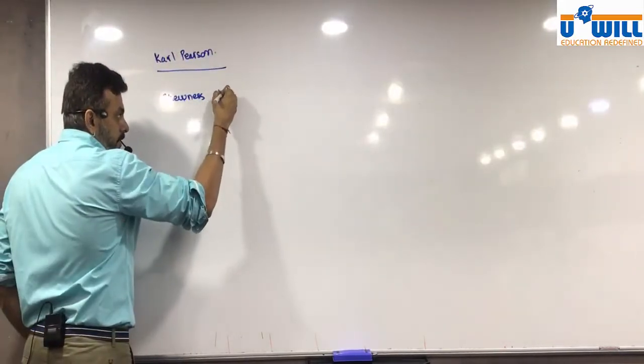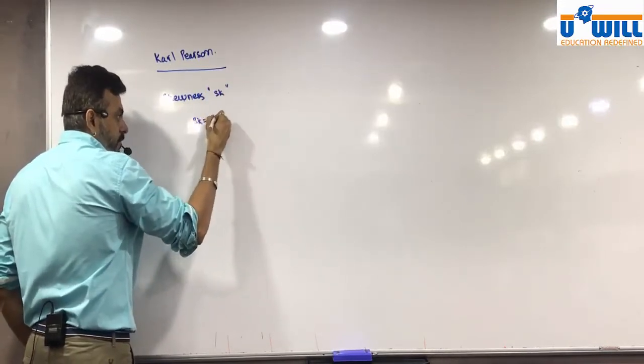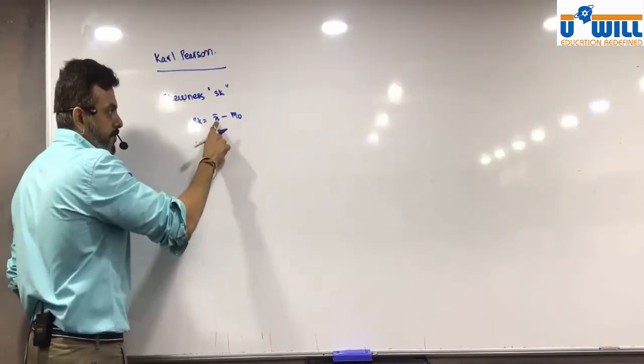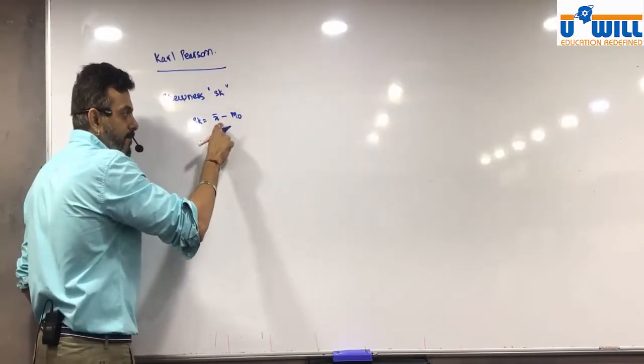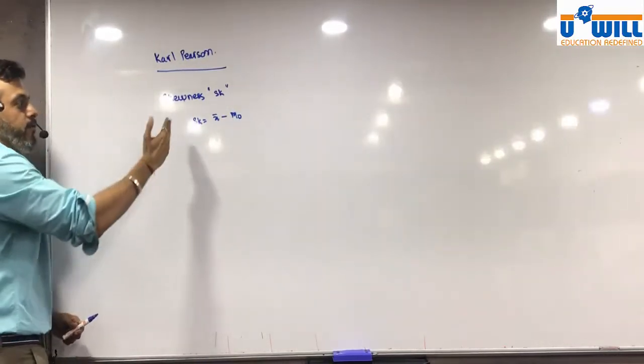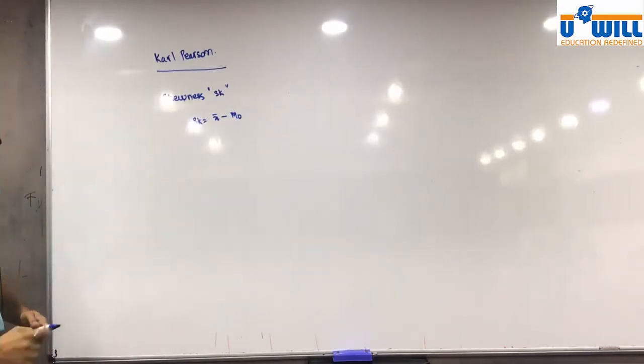Skewness is given by the symbol Sk. Skewness is equal to x bar minus mode, x bar minus z. But when we want to compare, we do not go for an absolute measure, we go for a relative measure.